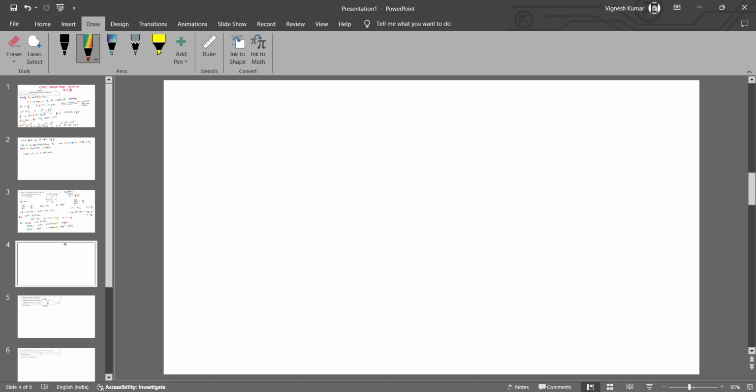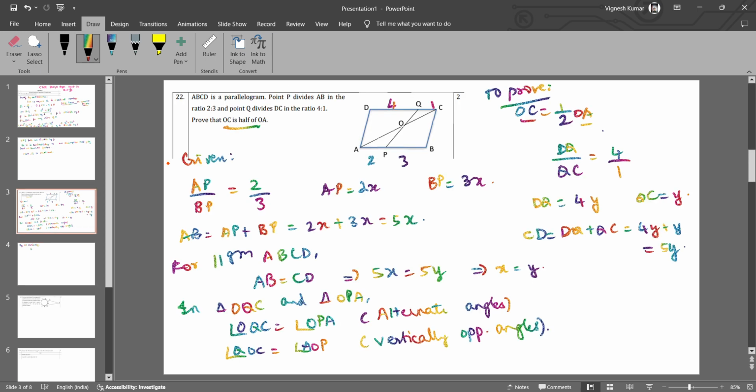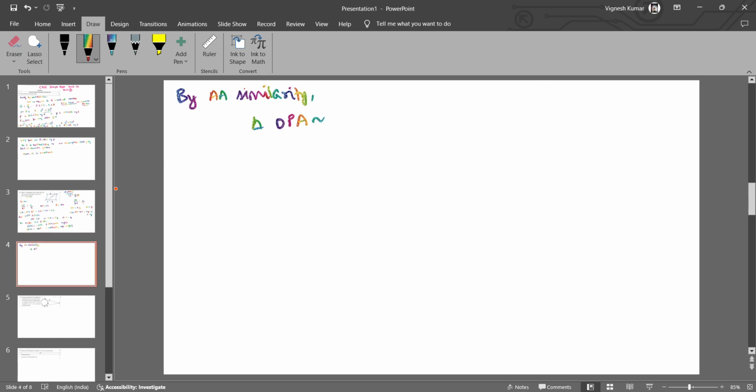So by using the AAA similarity criterion, we can say triangle OPA is similar to triangle OQC. So once we have said this, we can write OP divided by OQ is equal to PA divided by QC, which is equal to OA divided by OC, since the corresponding sides of similar triangles are proportional.